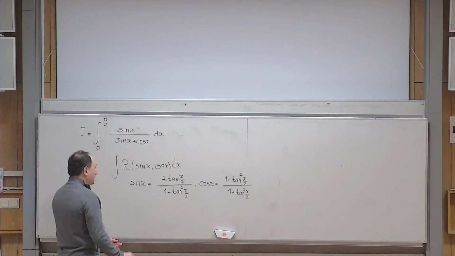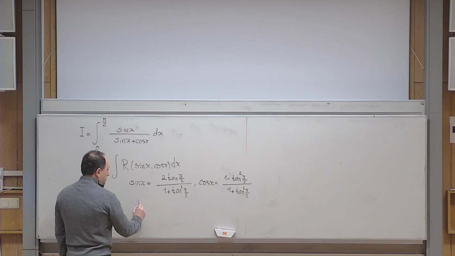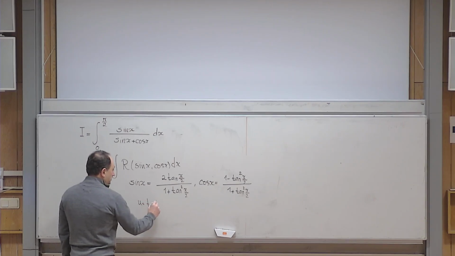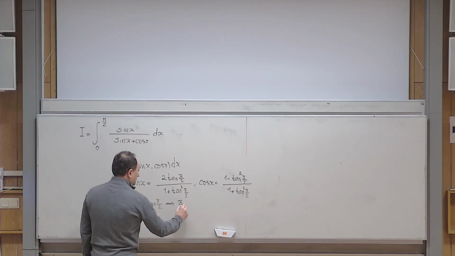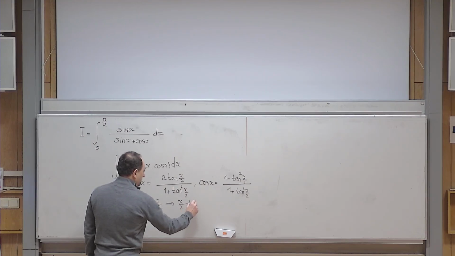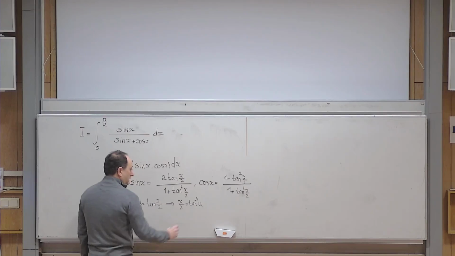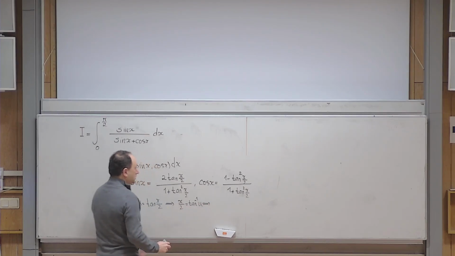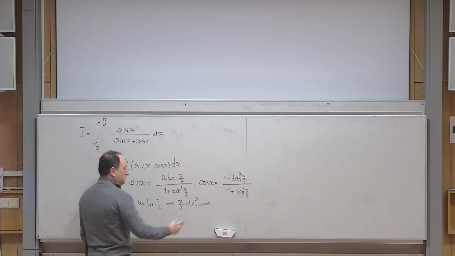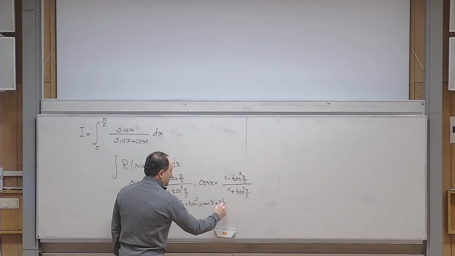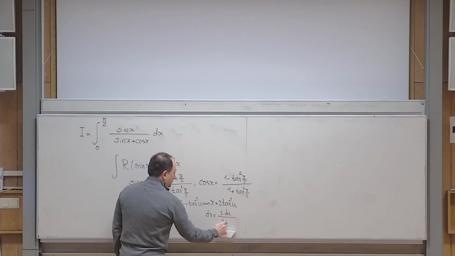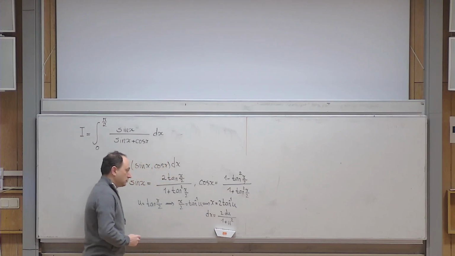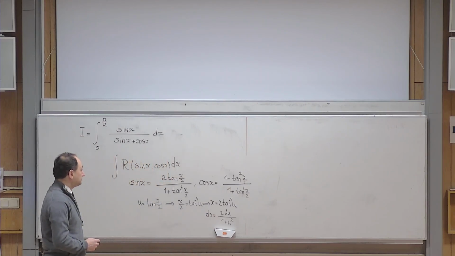Okay, and then you introduce the variable u to be tan(x/2). Then from here you can immediately understand that x over 2 is tan inverse of u, and then you multiply by 2 and differentiate because you need to have your dx. So x becomes 2 tan inverse of u, and then dx becomes 2 du times 1 over (1 plus u squared). This is the standard derivative of the tangent inverse function.